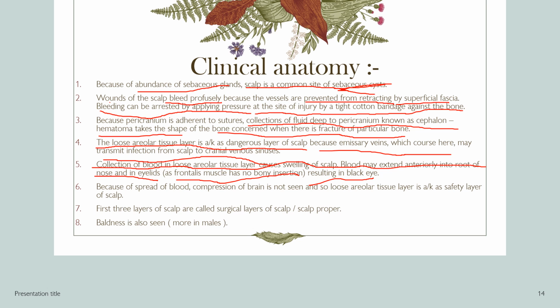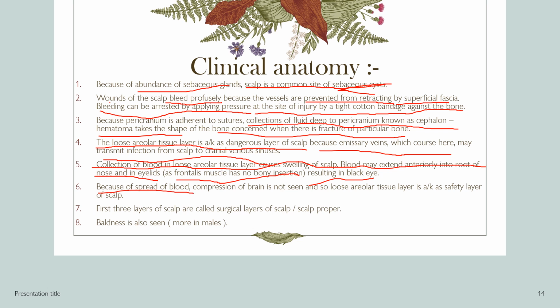That is because the frontalis muscle has no bony insertion and is attached to the epicranial aponeurosis, and thus when there is accumulation of blood in that layer, the blood comes down into the nose area and the eye area, which causes the black eye.